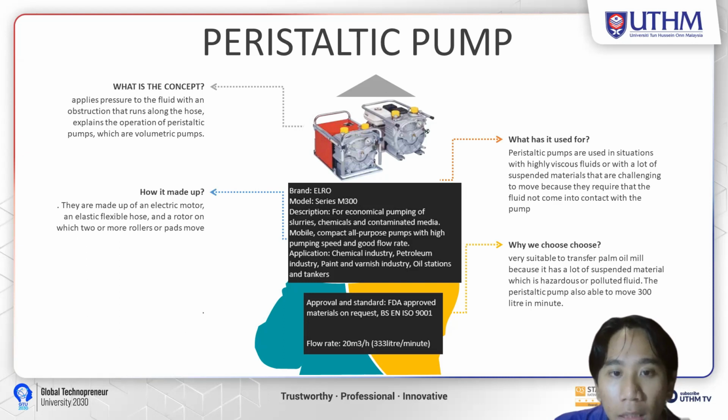The applications for this pump are the chemical industry, petroleum, paint and varnish, and oil storage and tankers. It also has FDA-approved materials on request, and BS EN ISO 9001. The flow rate is 20 cubic meters per hour.